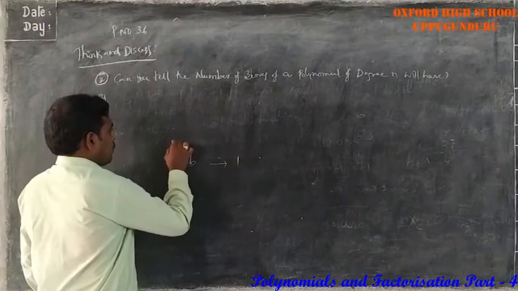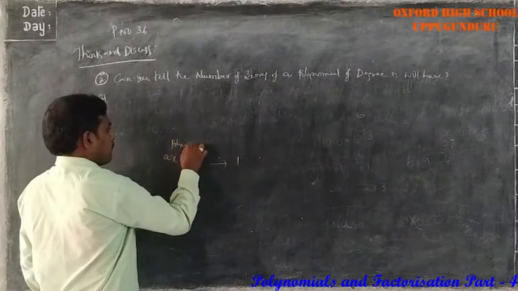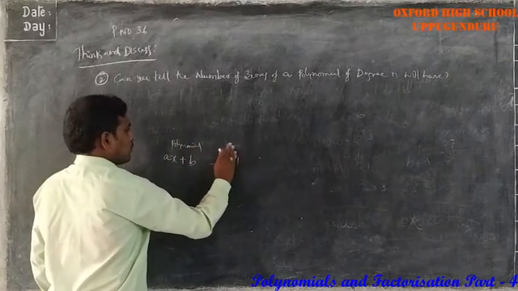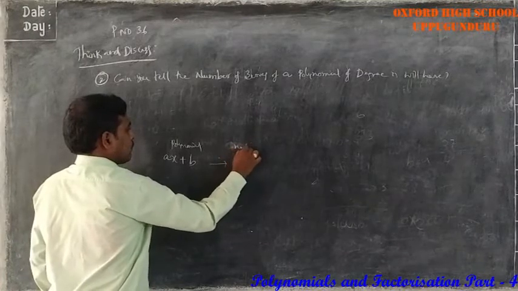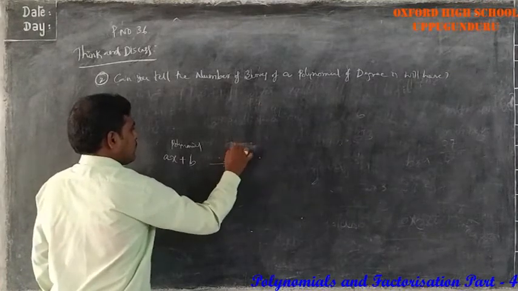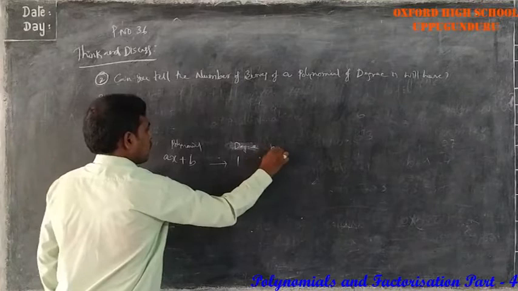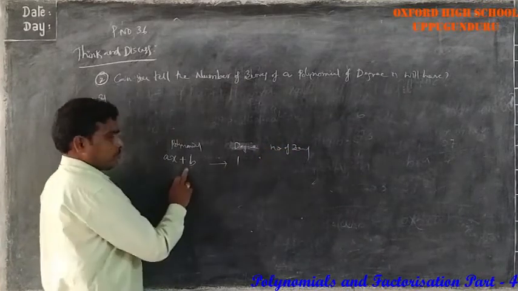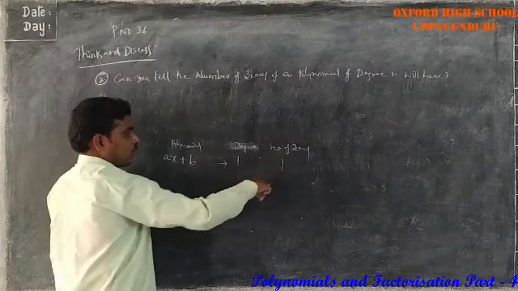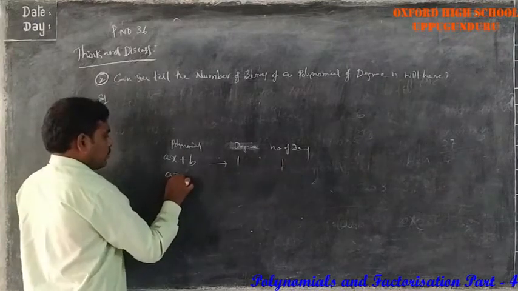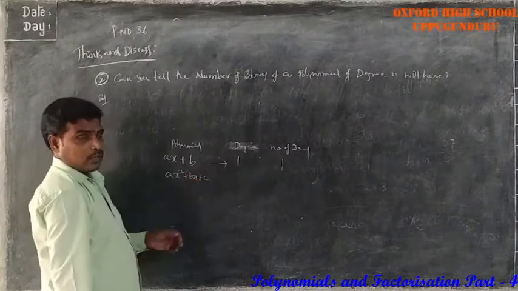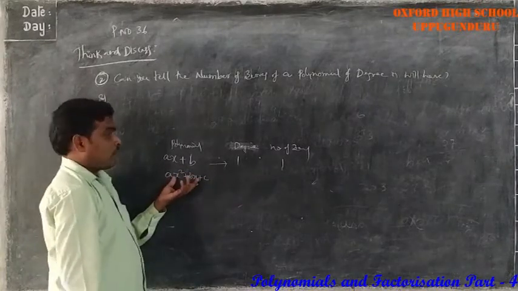Ax plus b having degree 1, the number of zeros is also 1. Then ax square plus bx plus c is the quadratic polynomial.